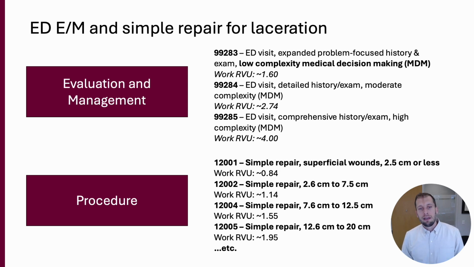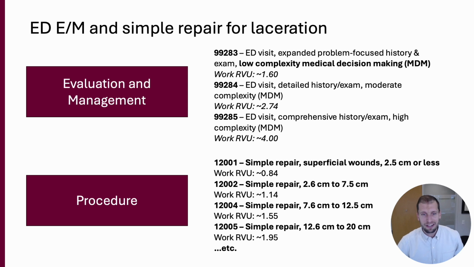And so then based on the size of the wound, that's going to determine how complex it is to repair. And you can see that the evaluation and management for a low complexity decision is approximately 1.6 RVUs, which is even more RVUs than a pretty sizable repair, like a 7 centimeter laceration.